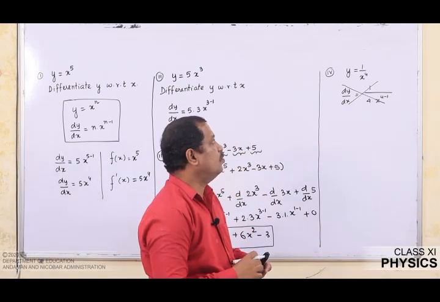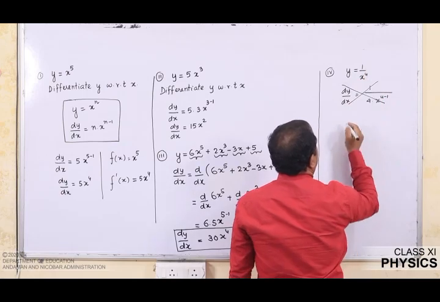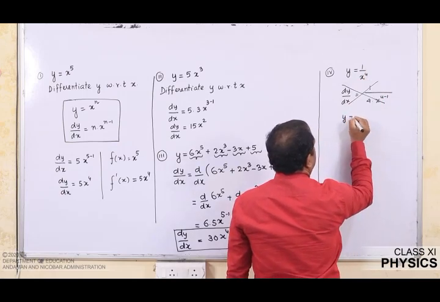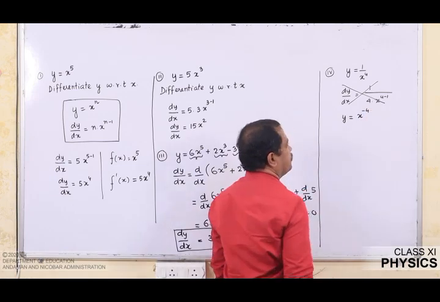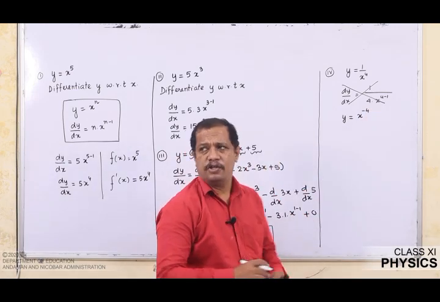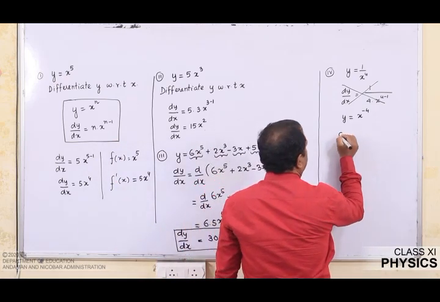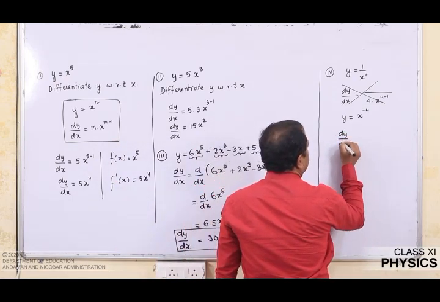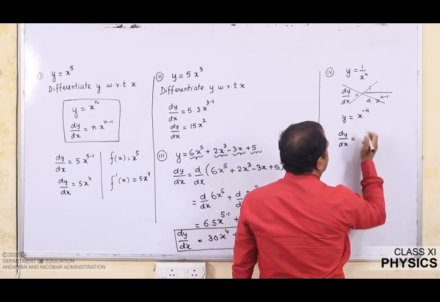So, therefore, what we need to do? First, we will take this one to the numerator. So, the function can be rewritten as y is equal to x power minus 4. Now, we can differentiate using this formula. So, in that case, I will have dy over dx is equal to, now power, for me power is minus 4.